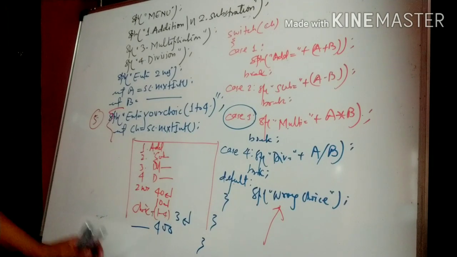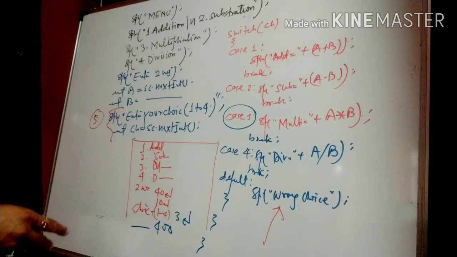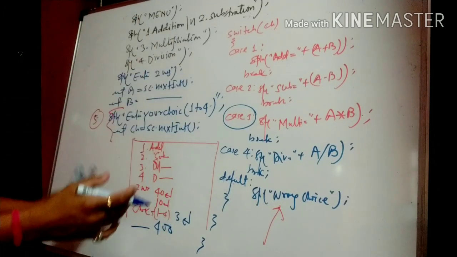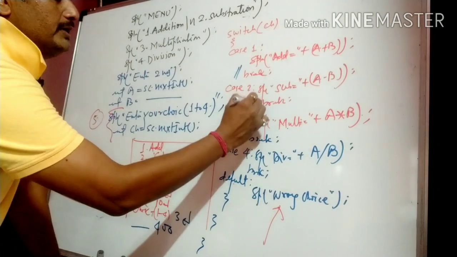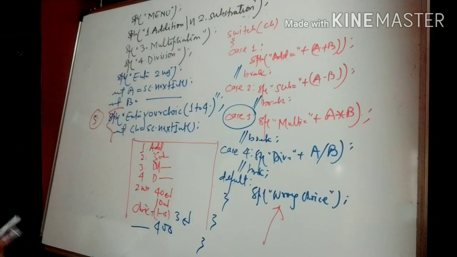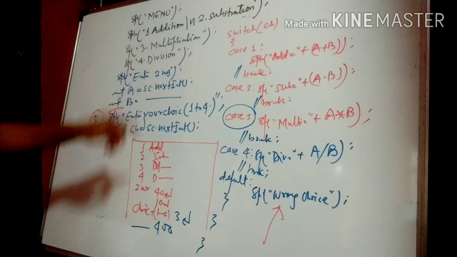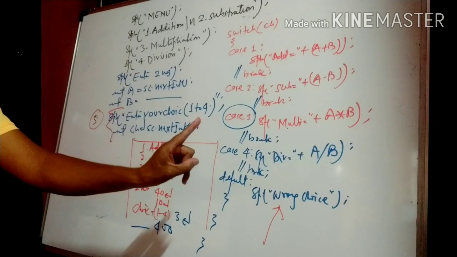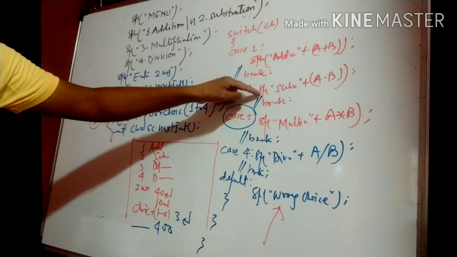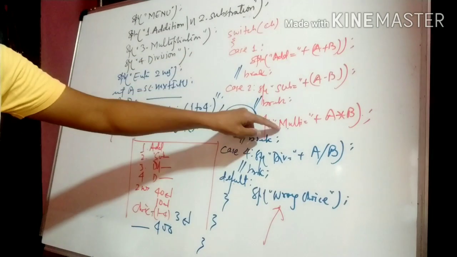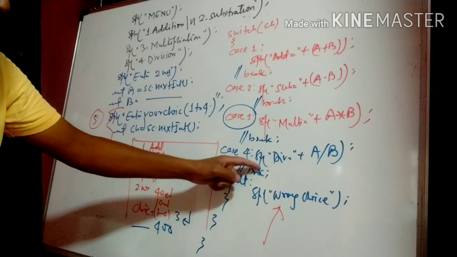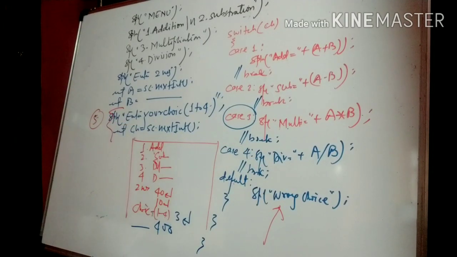Children, when you do the practical work of this question, after checking this part, make a comment on all the breaks. After that, when you execute your program and input choice 1, it will print addition, automatically subtraction, automatically multiplication, then division, and since break is not there, also wrong choice.